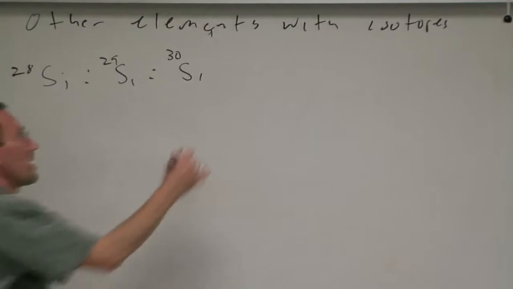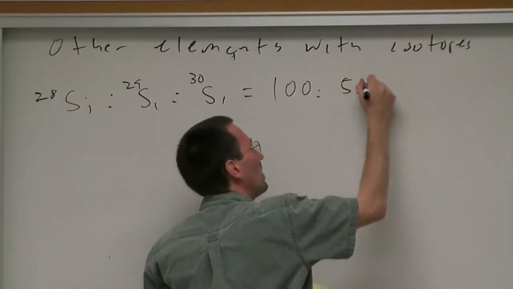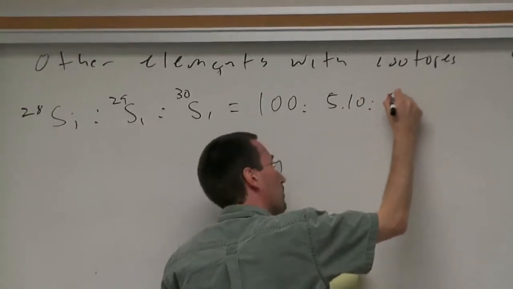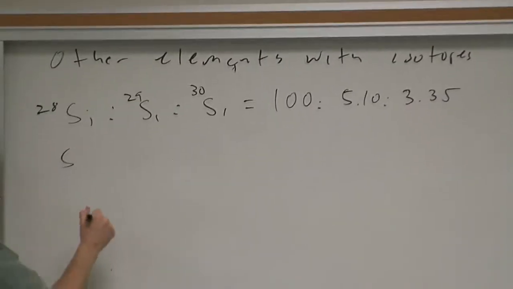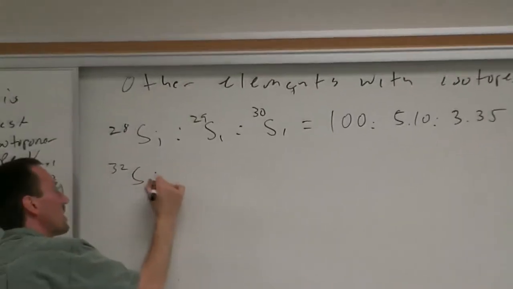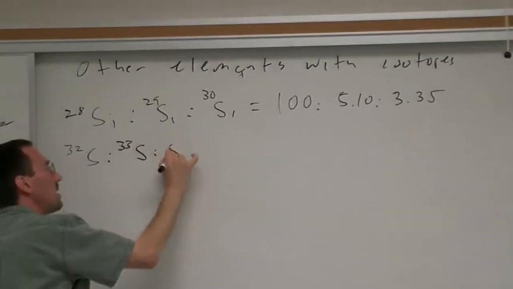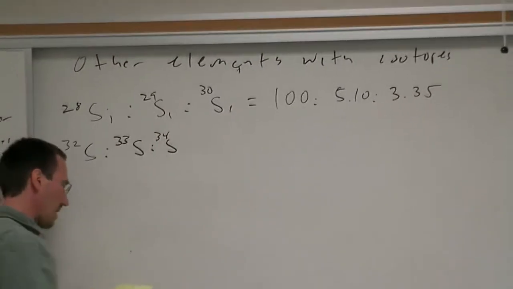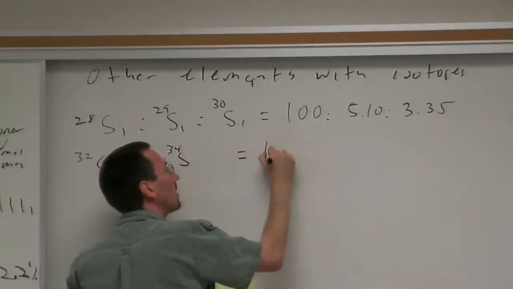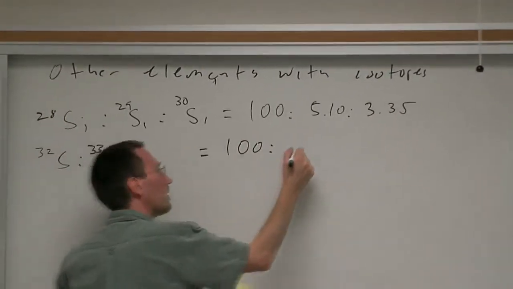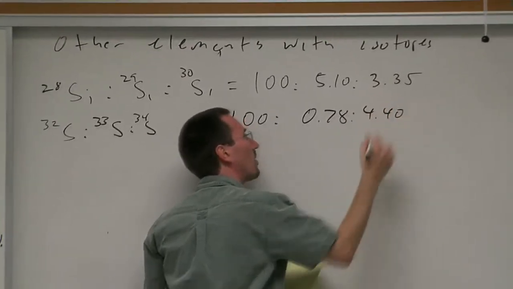The ratio is 100 to 5.10 to 3.35. Sulfur, another common element, consists of a mixture of sulfur-32, sulfur-33, and sulfur-34 in 100 to 0.78 to 4.40.